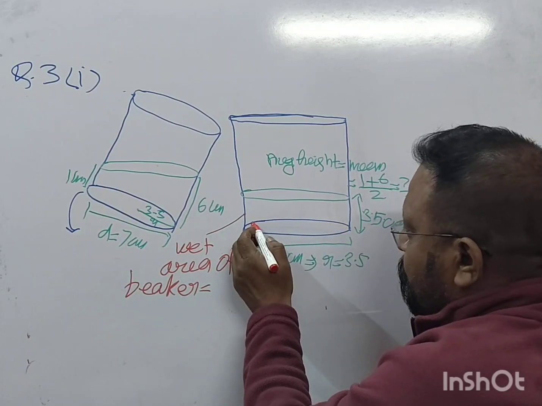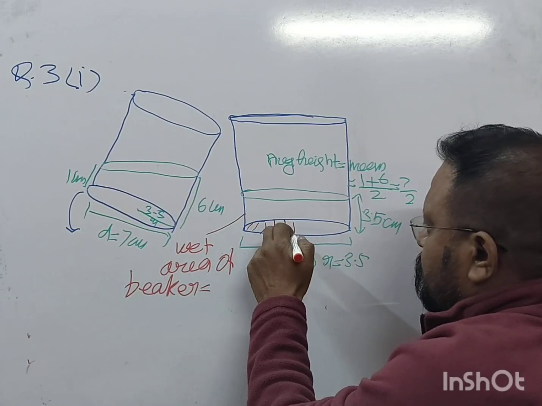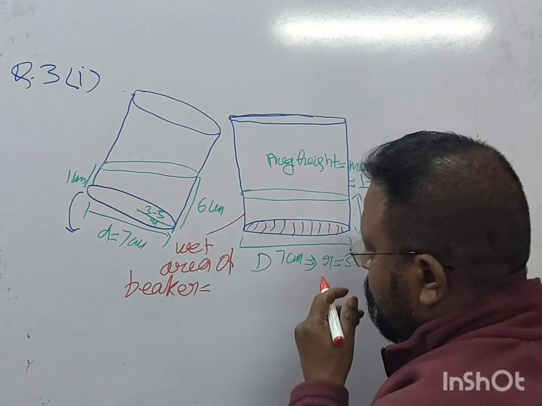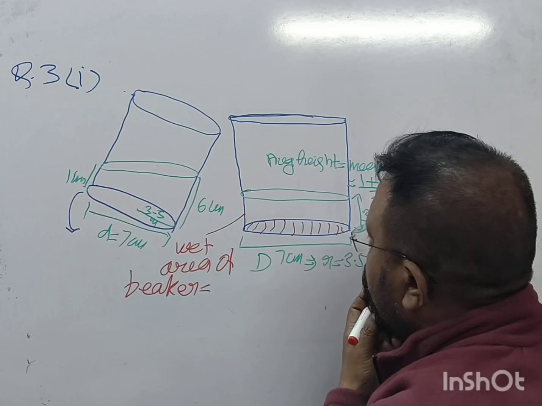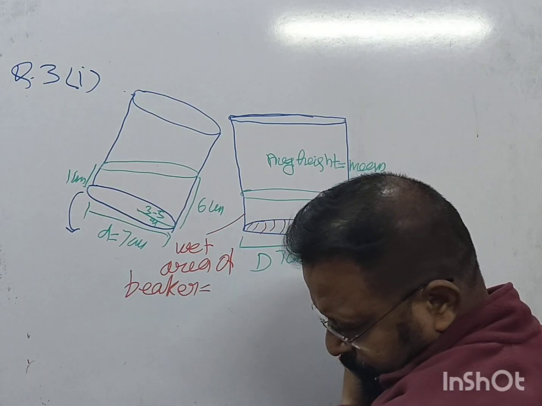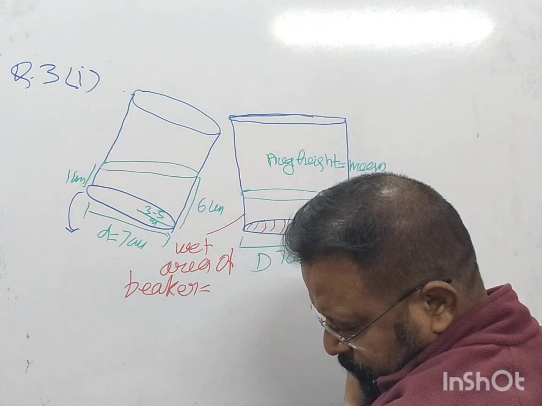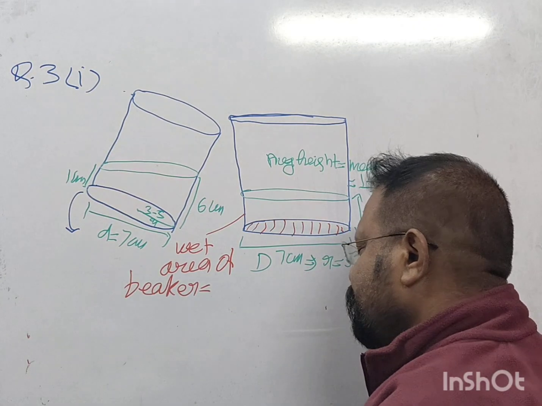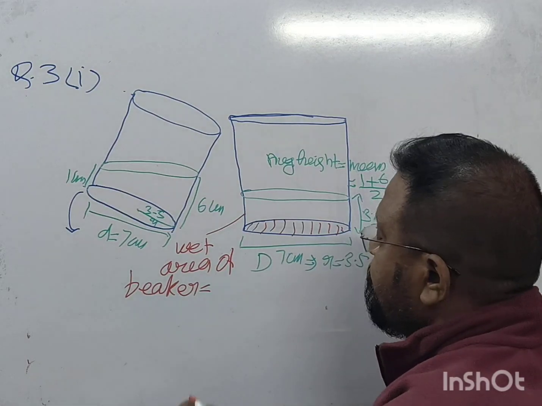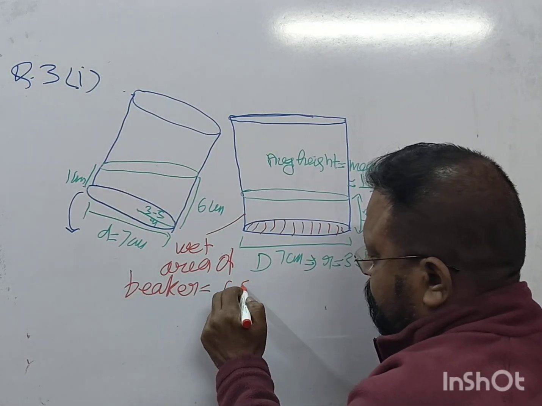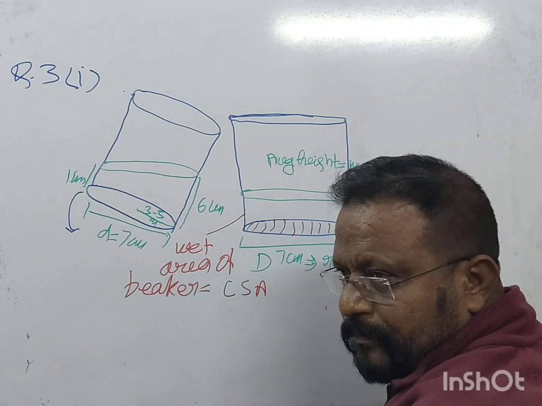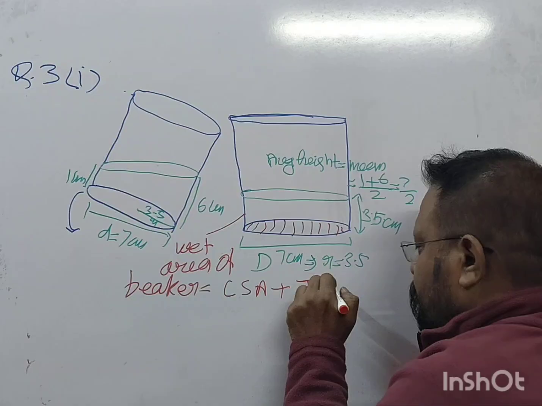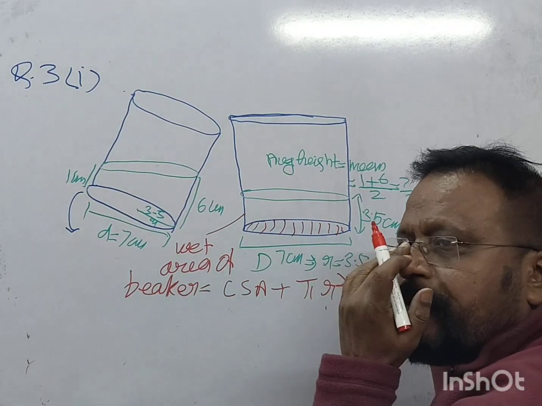This one circle and height. So we can say CSA plus pi r square, because one base is in contact.